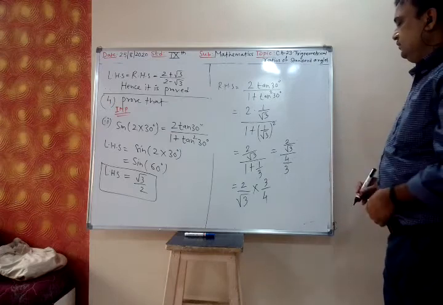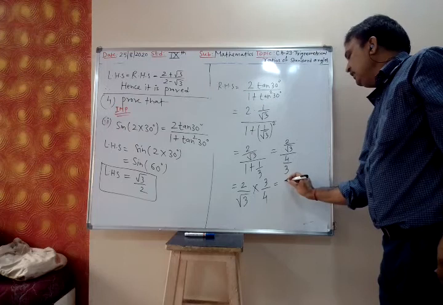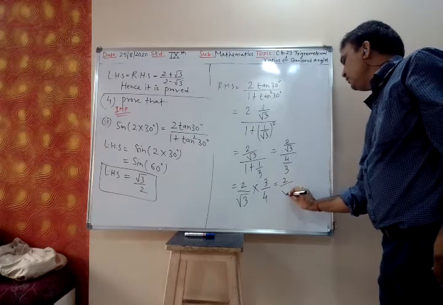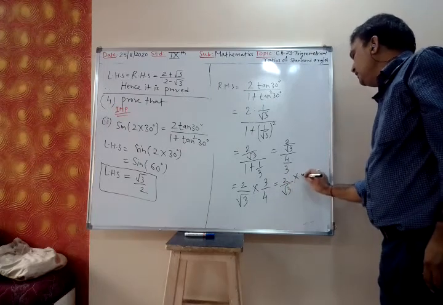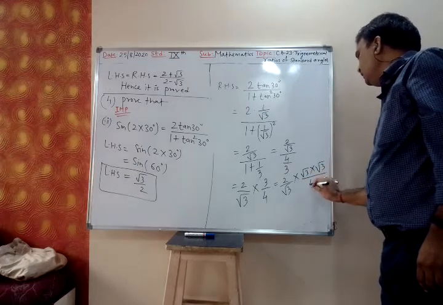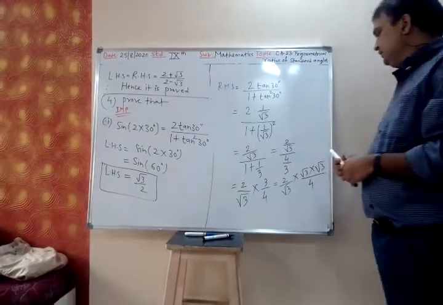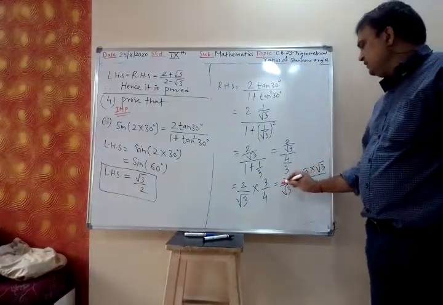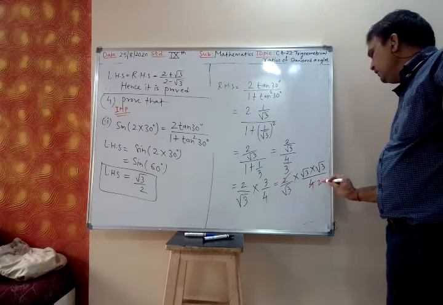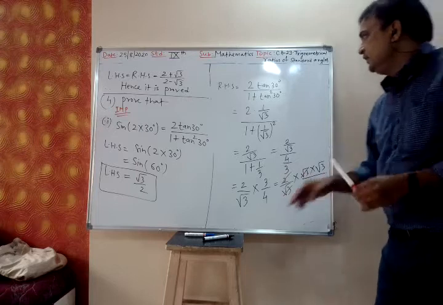Divide by 4 by 3 is the same as multiplied by 3 by 4. So this I will write 2 upon root 3, then 3 I can write root 3 into root 3. Yes, I will cancel, no. 2 2s are 4. Then 1 root 3 gets cancelled. That is root 3 by 2.